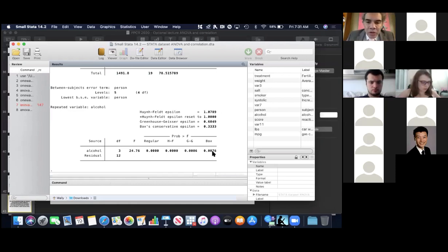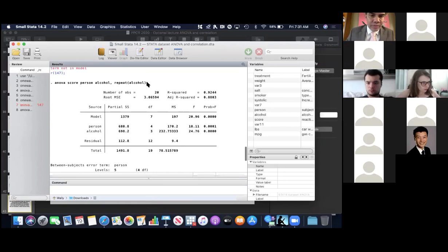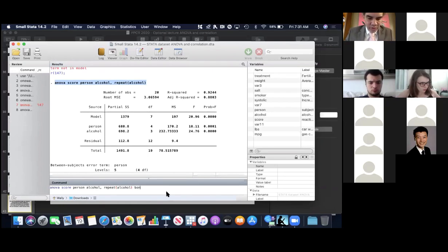So this is your actual p-value, okay? And we know that one or more groups are different, but which ones? Let's try to do this with Bonferroni. Let's see if it works. Hopefully.